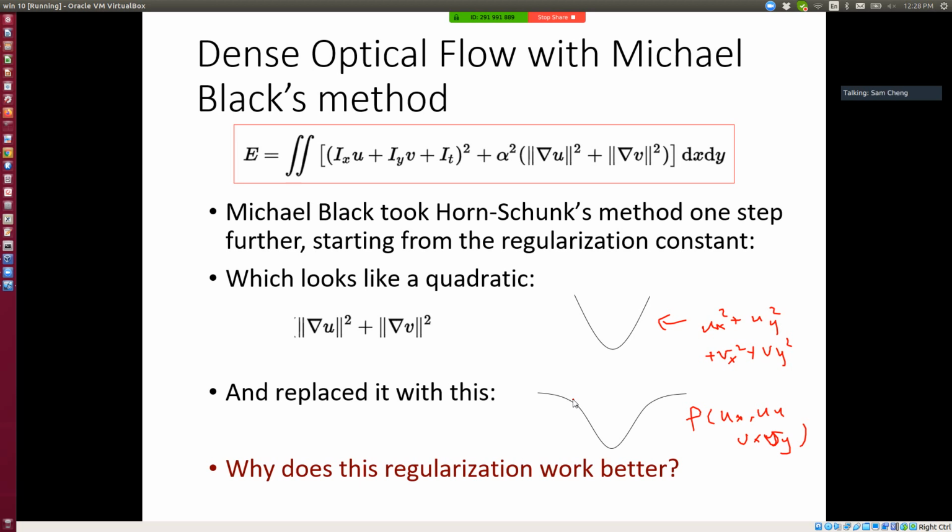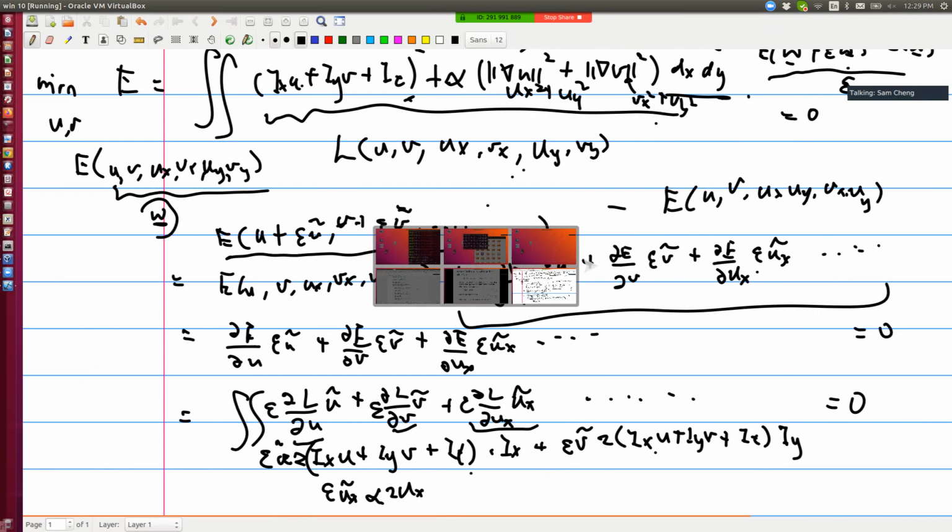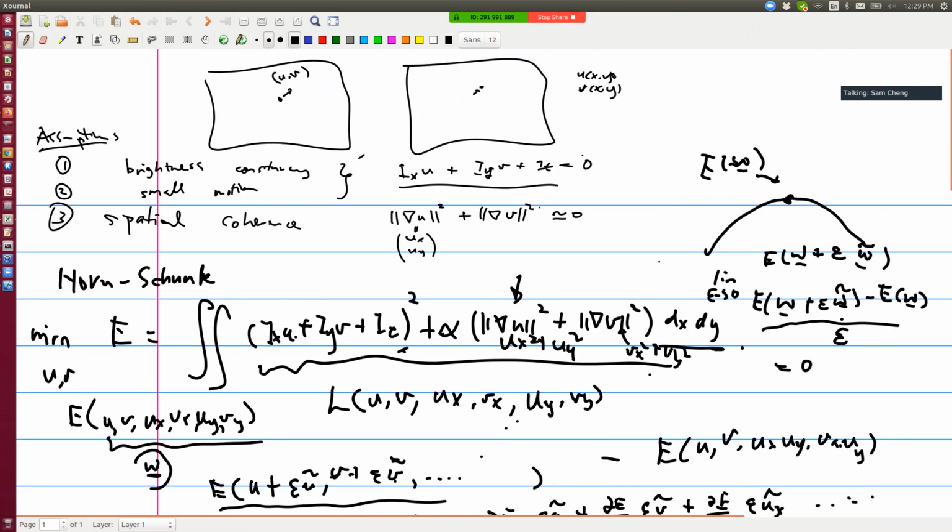Yes, I think you are right. The penalty may be too much for this because of the spatial coherence principle. We make the assumption here of spatial coherence, but if you have an object, at the boundary of the object it doesn't hold, right?